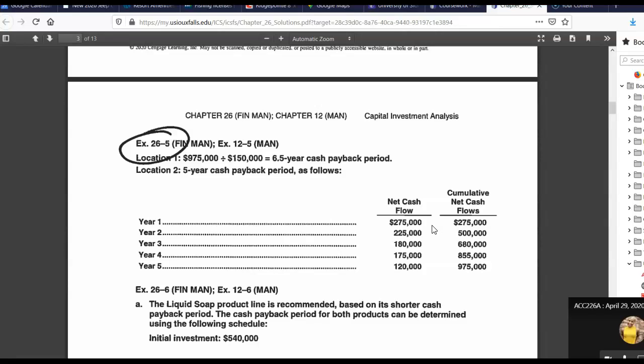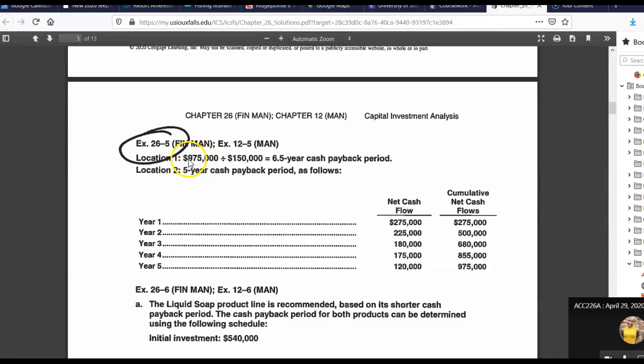Jane's Clothing is evaluating 2 capital proposals, each requiring an investment of $975,000, and each with a 7-year life and expected cash flows of $1,050,000. Location 1 is expected to provide equal annual net cash flows of $150,000, and location 2 unequal. Well, what's realistic? Unequal, correct? But nonetheless, they have two scenarios.